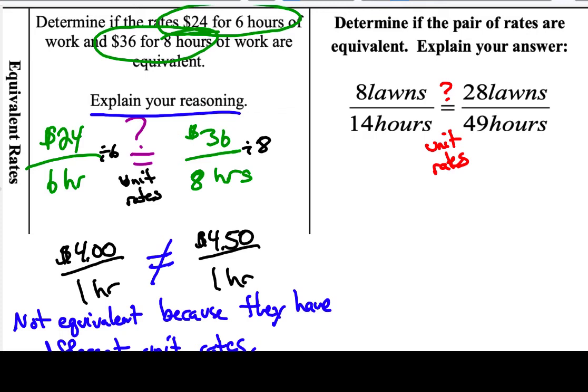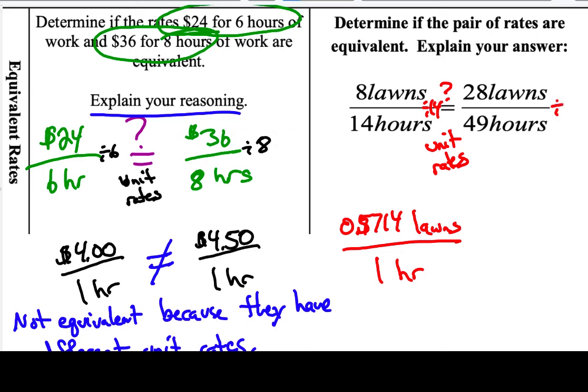So here, I'm going to divide by 14. 14 divided by 14 is 1, so 1 hour. 8 divided by 14 is going to give me 0.5714, and then it's going to be kind of a longer decimal, but I'm going to take the first couple decimal places. Now I'm going to do the same thing with my second one.